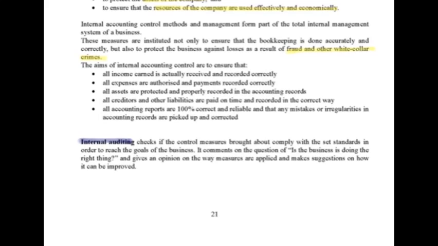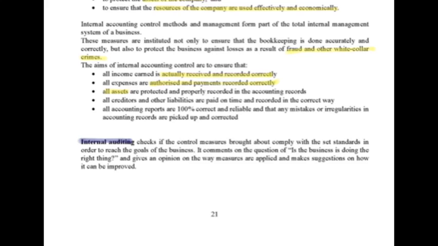So the aims of the internal accounting control are to ensure that all income earned is actually received and recorded correctly. All expenses are authorized and payments recorded correctly. All assets are protected and properly recorded in the accounting records.